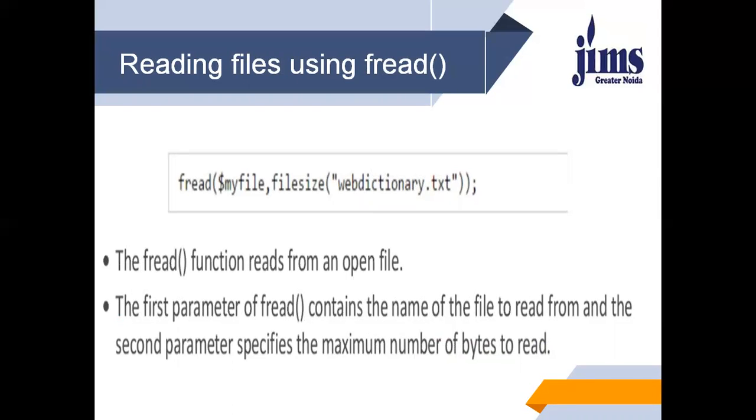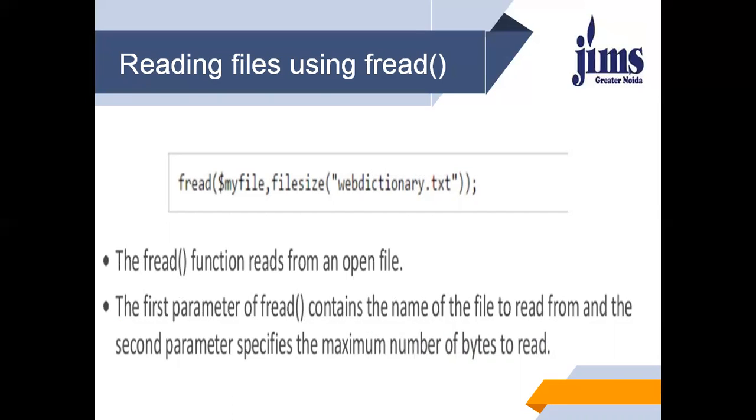We have already discussed all these modes in the previous slides. So the fread function is used for getting data out of a file. The function requires a file pointer, which we have, and an integer to tell the function how much data in bytes it is supposed to read.